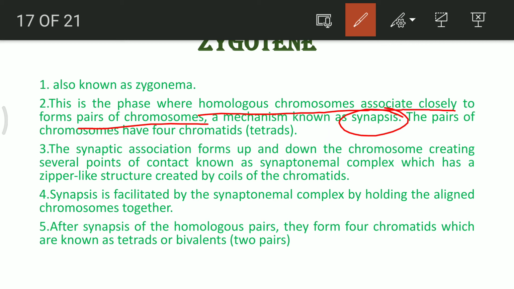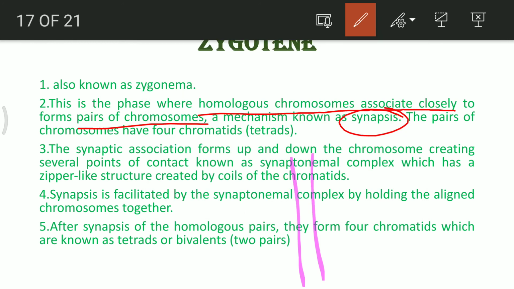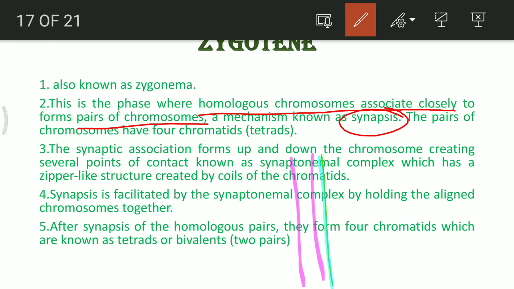You can think of four chromosomes, two paternal and two maternal. Since they are homologous chromosomes, there is a centromere attached to each. So they will come close to each other during this zygotene stage.